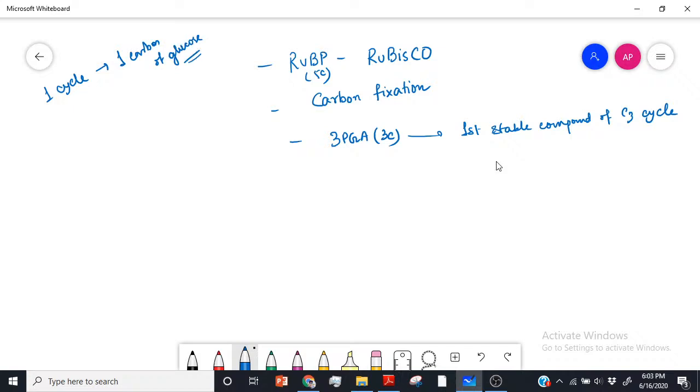Right? Now 6 cycles give 6 carbons of glucose.